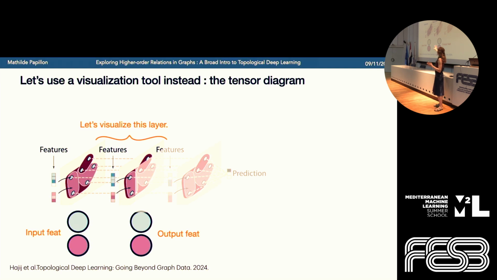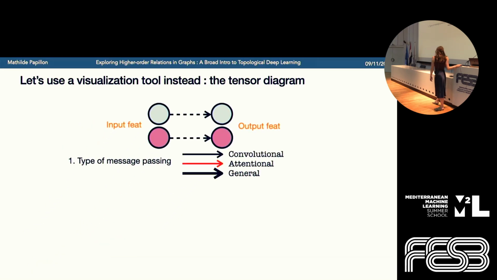So here we've got one layer that we're going to represent as our input features and our output features. We're going to say all the nodes are represented by those yellow circles, and all the edges are represented by those pink circles. And we are going to fully represent a message passing layer as the arrows between those features. More specifically, the color and boldness of that arrow represents the type of message passing going on.